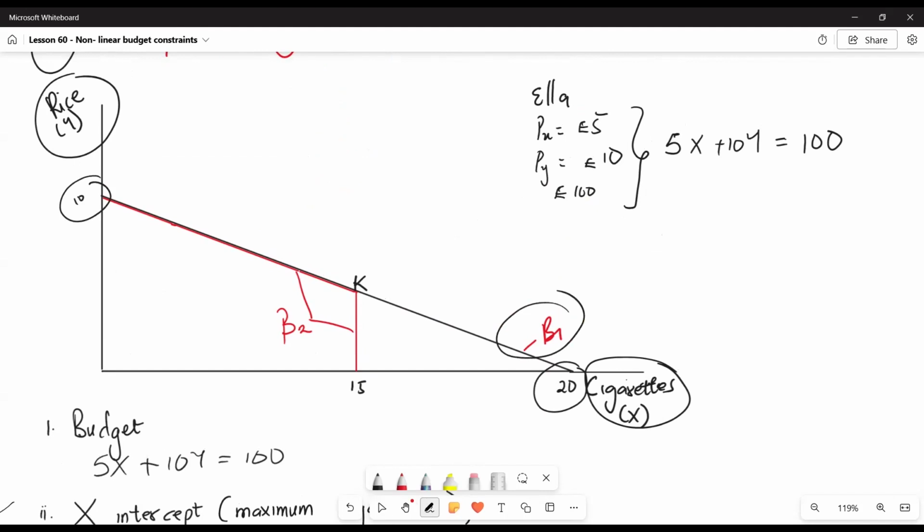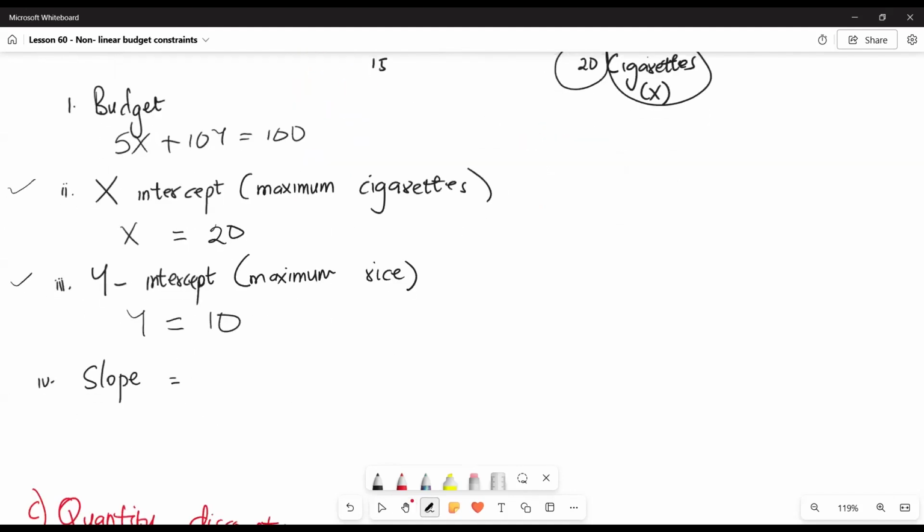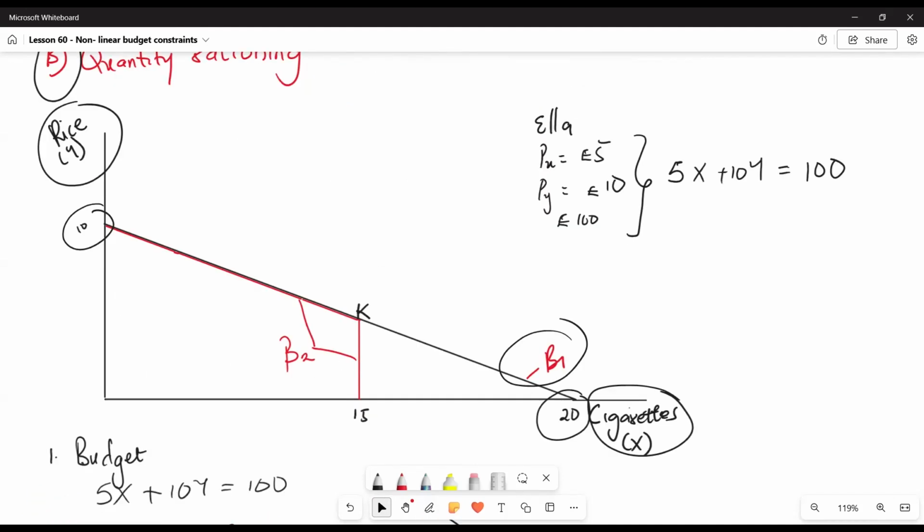The slope of this budget line is the ratio of the two prices. That is minus the price of good X divided by the price of good Y, which is minus 5 divided by 10, equal to minus 0.5. Now assume that under the rationing scheme, each individual receives 15 non-tradable coupons per month.